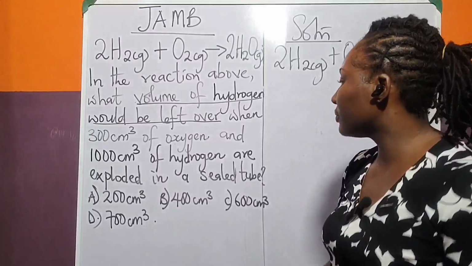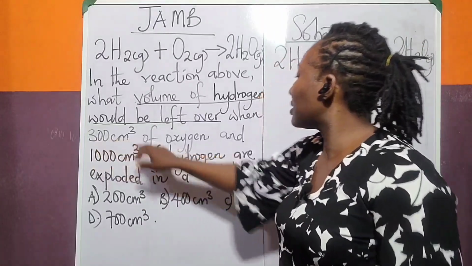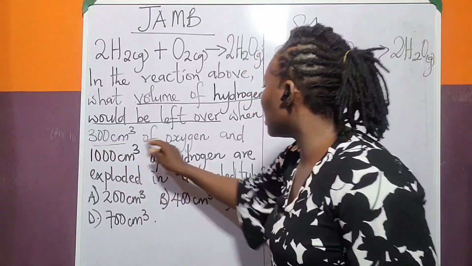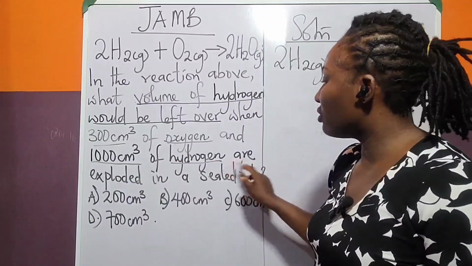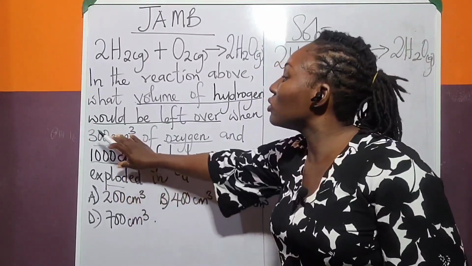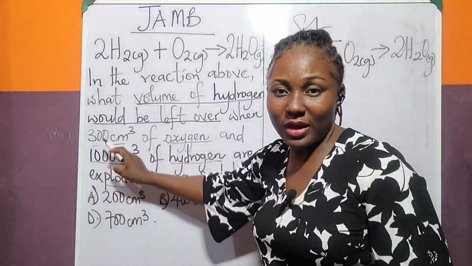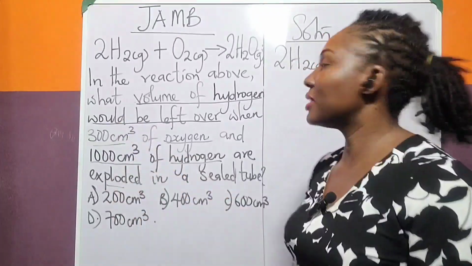From the question, they said 300 cm cube of oxygen and 1000 cm cube of hydrogen are exploded. So this is the volume that we provided, the volume that exploded. So let's take it down.